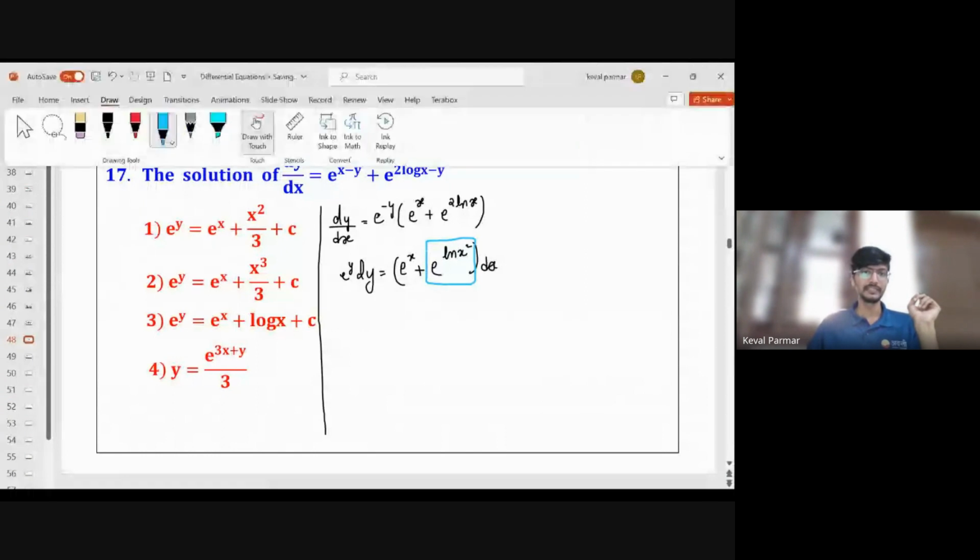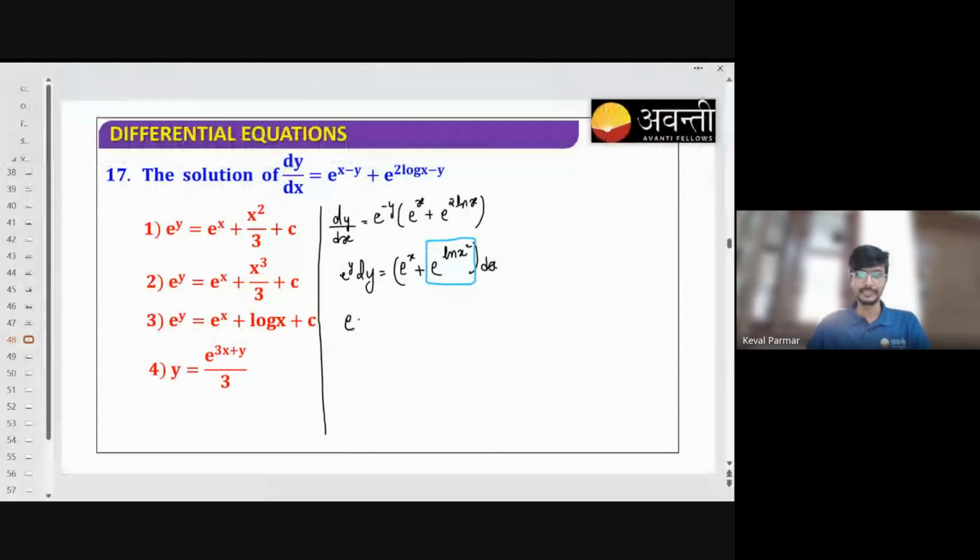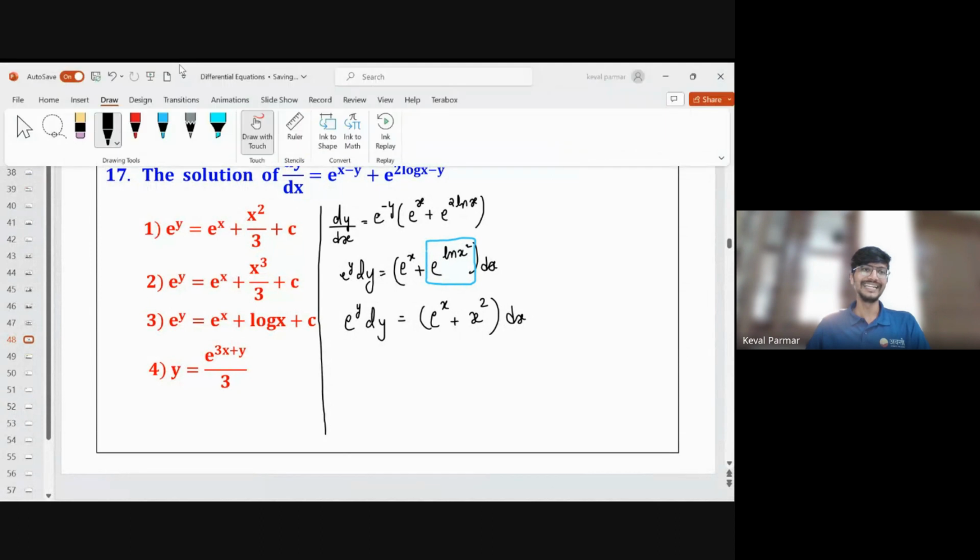That means my equation is reduced to e raised to y dy is equal to e raised to x plus x square dx. Now, what is left to do? We just have to integrate on both the sides.